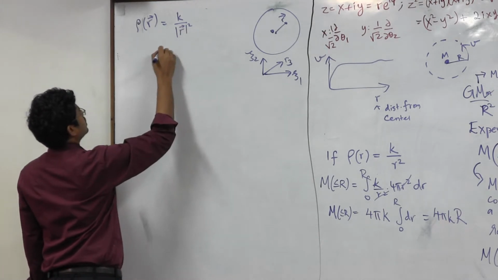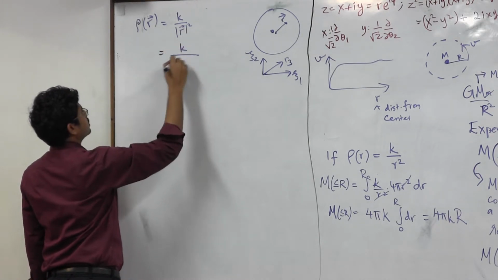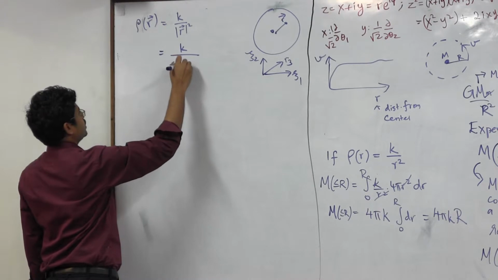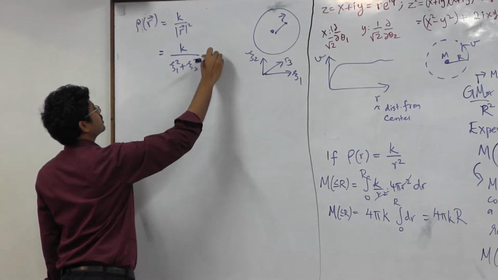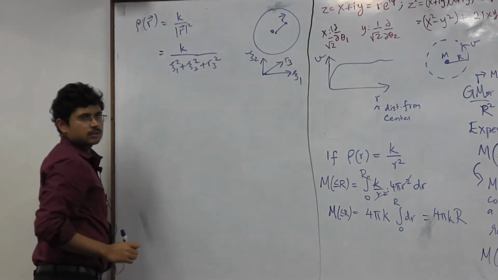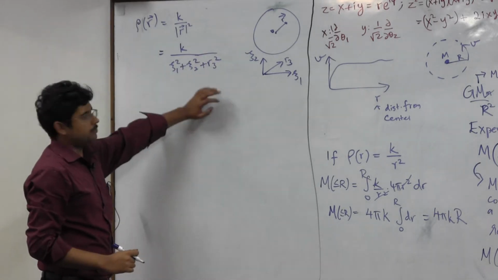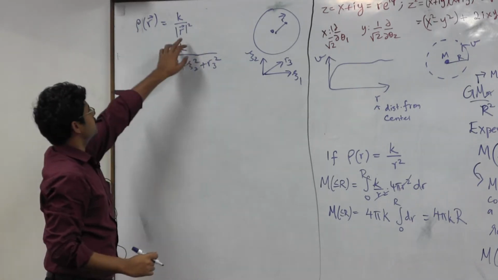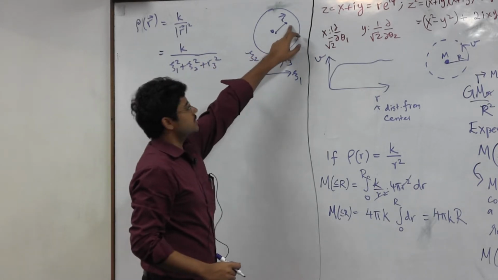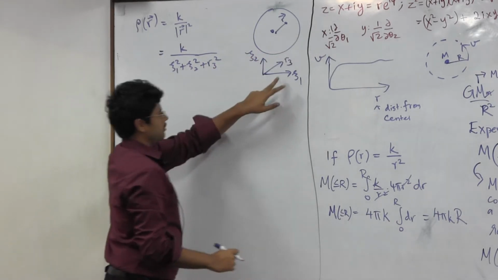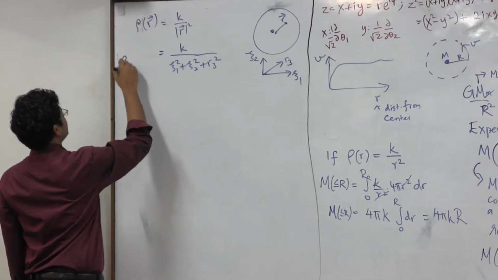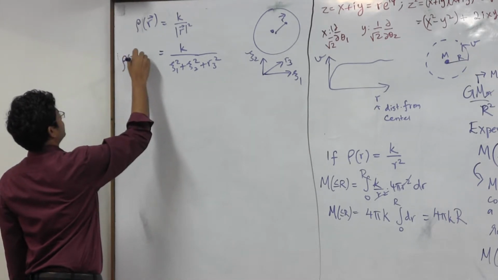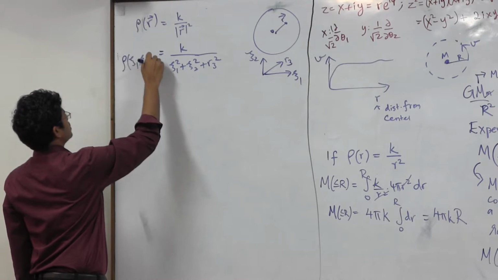So I can write R square then as chi1 square plus chi2 square plus R3 squared. So I just used Pythagoras theorem to express the square of this distance in terms of the individual components, and I will make this explicit.